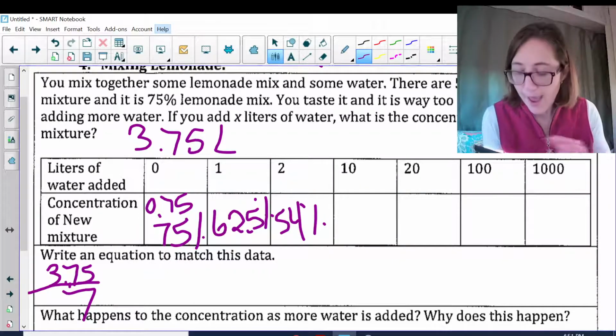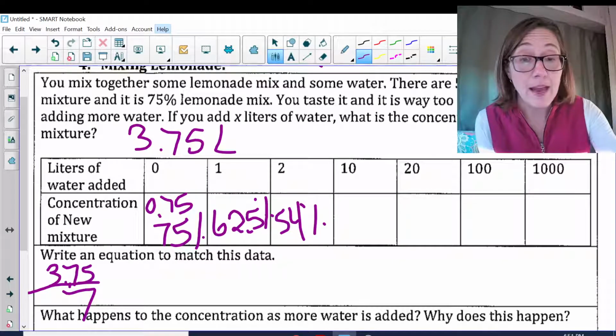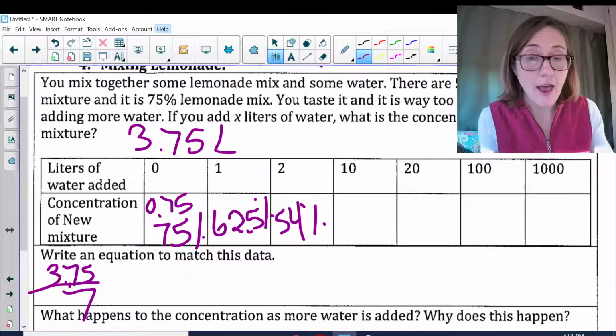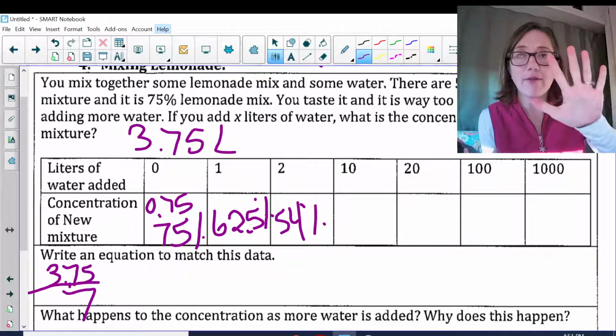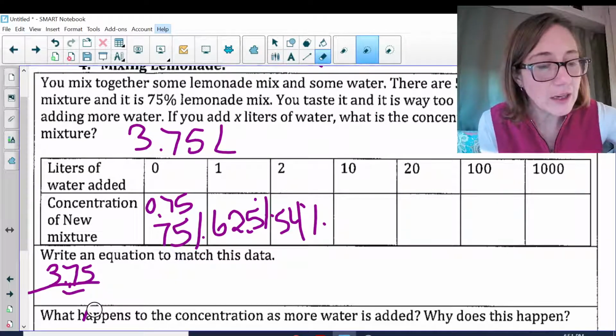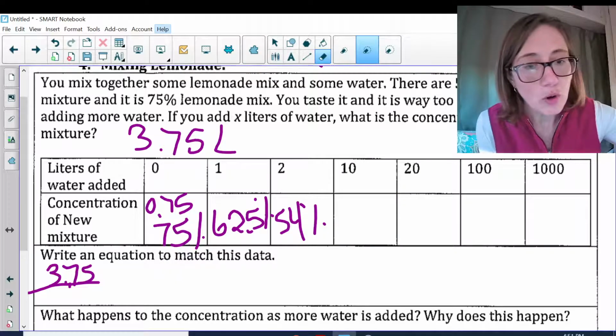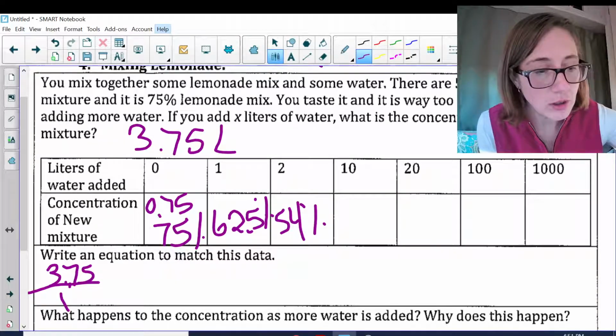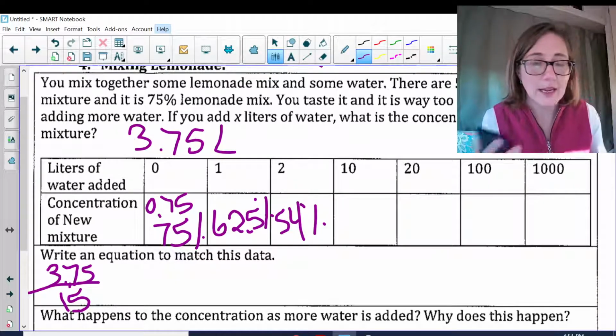It's okay to round. So now I am going to add 10 liters of water. Now, remember we had 5 to begin with. We're going to add 10. So now that means there is 15 liters total in this pitcher or bucket or whatever we're mixing it in.